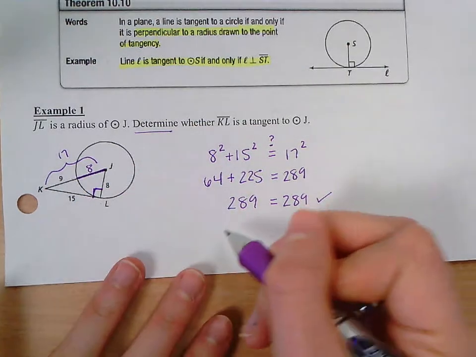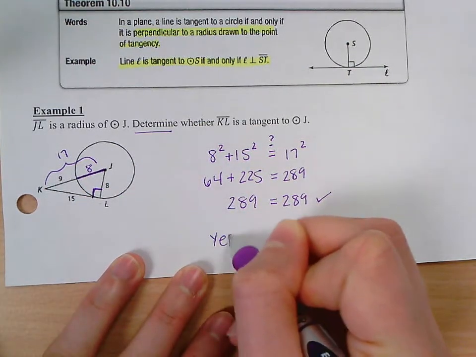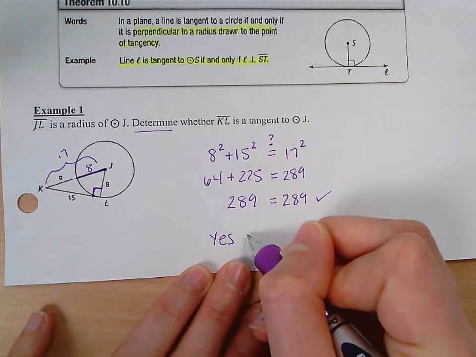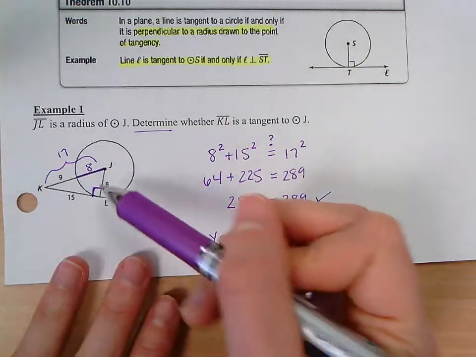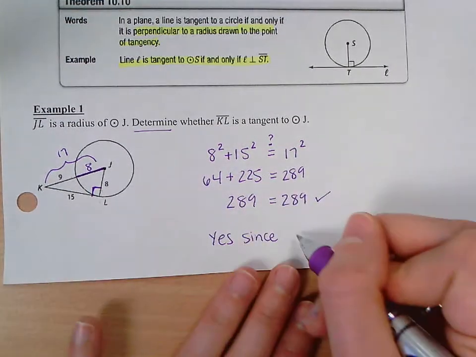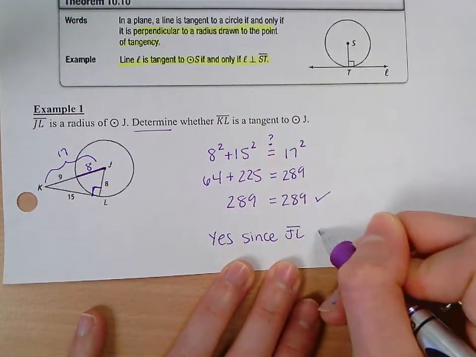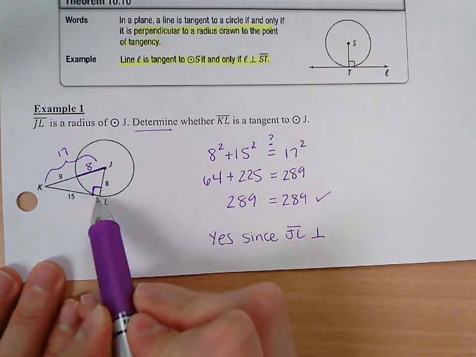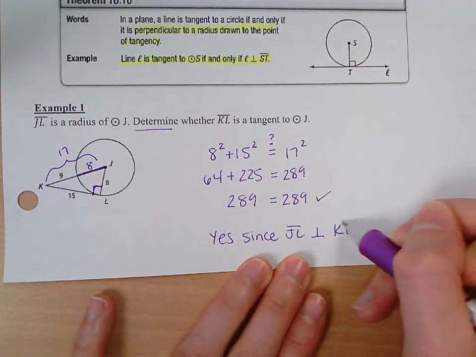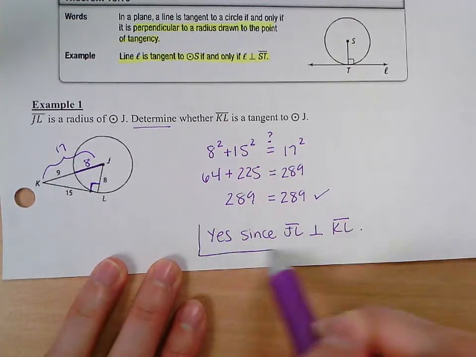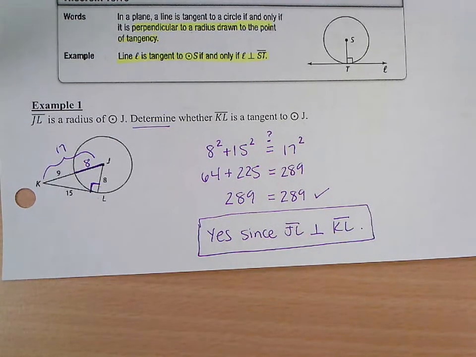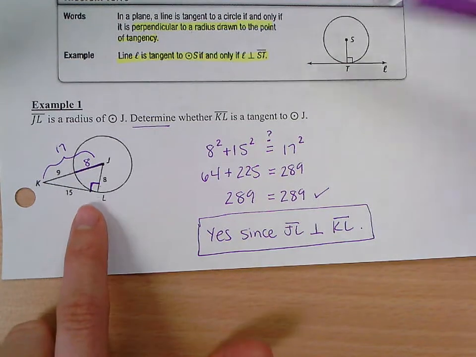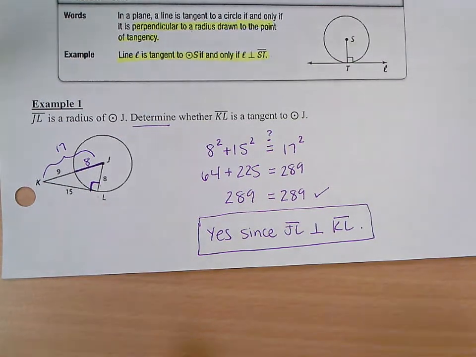And I'm going to say yes. And I'm going to put the reason: that tells me that segment JL is perpendicular to KL. That's what I just proved, that JL and KL are perpendicular by showing that was a right triangle. Since they're perpendicular by that theorem, I know KL is a tangent.